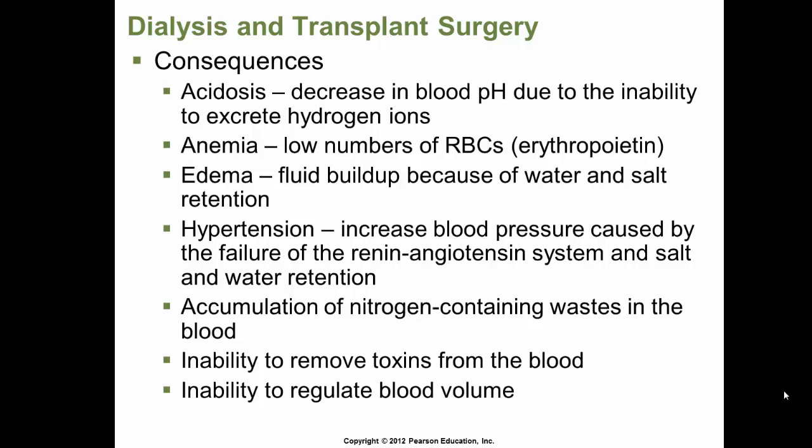Consequences of renal failure include acidosis, a decrease in blood pH due to the inability to excrete hydrogen ions; anemia, because of the failure of the hormone erythropoietin, leading to a low number of red blood cells; edema, fluid buildup because of water and salt retention; hypertension, due to increased blood pressure caused by the failure of the renin and angiotensin system; and salt and water retention can result in the accumulation of nitrogen containing waste in the blood.